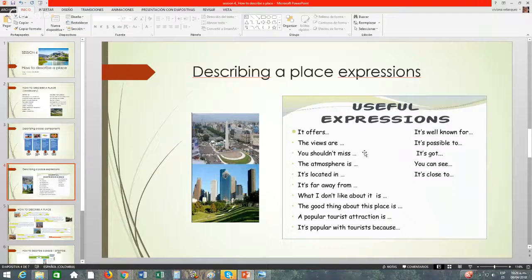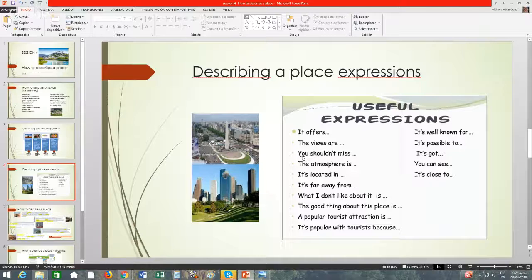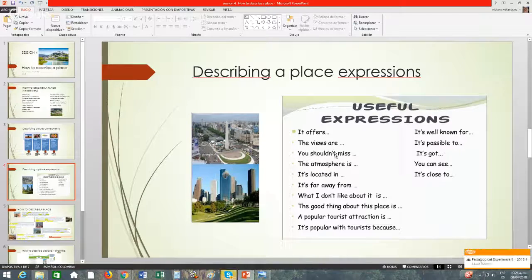Now, "you shouldn't miss," remember when you are giving advice, right? You shouldn't miss. Okay. In Spanish, what is it? Should. Sorry, teacher. I don't know the question. You shouldn't miss. In Spanish, what does it mean?